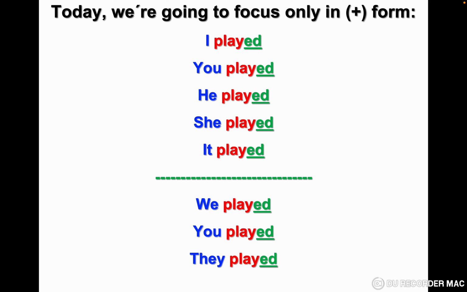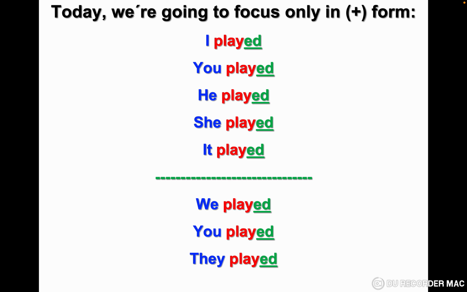I am going to explain it once again. I played, it's correct. I played football. Correct. But negative, let's see some mistakes the students make when they write the negative form. So they say, I didn't played football yesterday. Is it correct? No, it isn't correct.